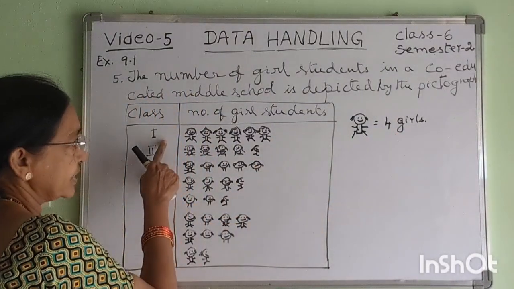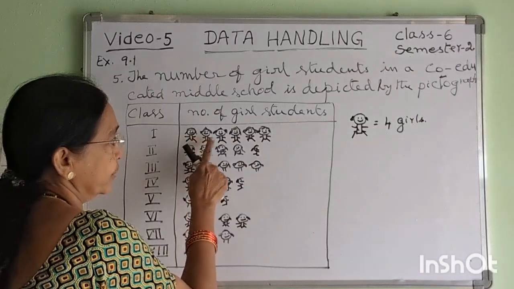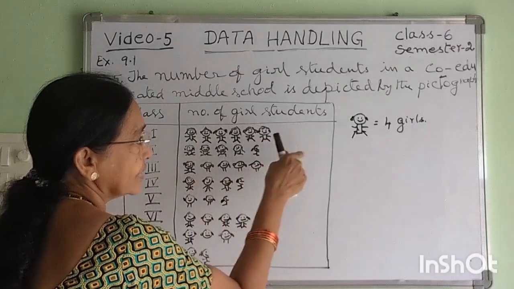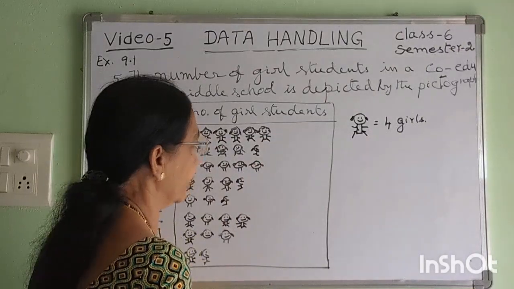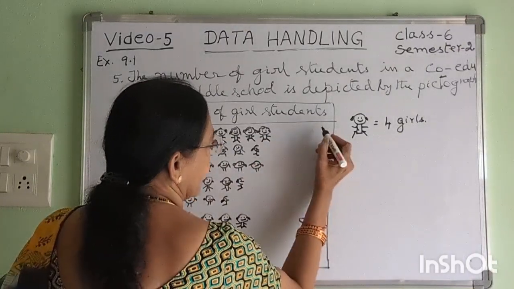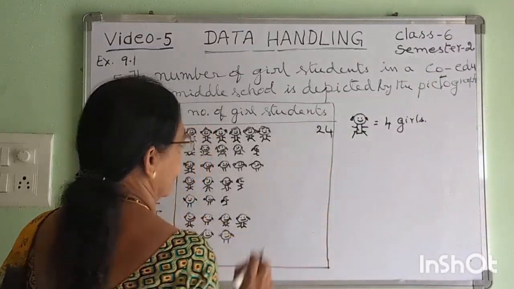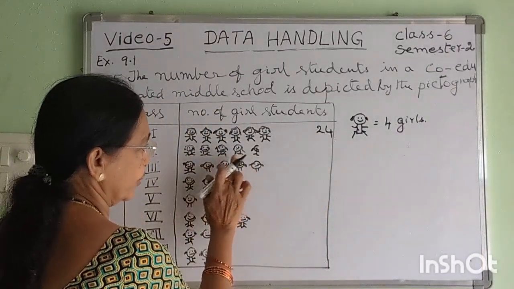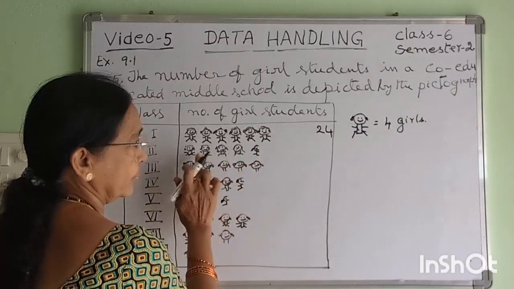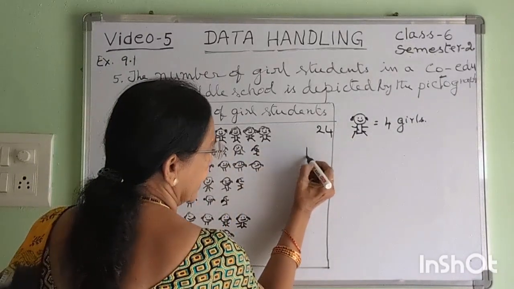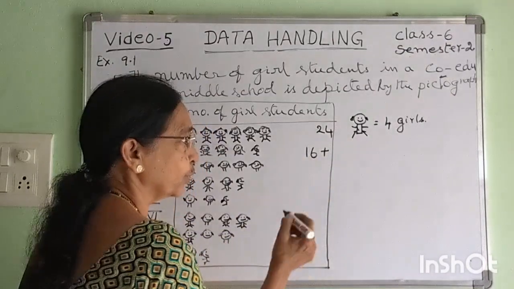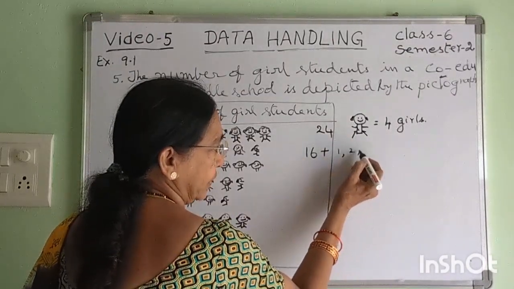Therefore, in first class there are 1, 2, 3, 4, 5, 6 figures. 6 into 4, 24 girls. In second class there are 1, 2, 3, 4 and a half figures. 4 into 4, 16, plus 1, 2 or 3.